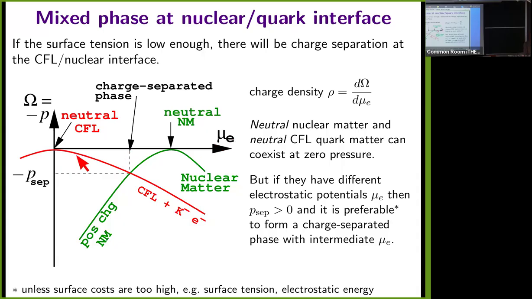Here you'd be making your quark matter a little bit negatively charged. Remember, the slope of this is the charge: the charge is d free energy by d electrostatic potential. So here you've got negatively charged quark matter, and what you see is its pressure is going up and its energy is going down. In other words, the non-neutral phase is favored.